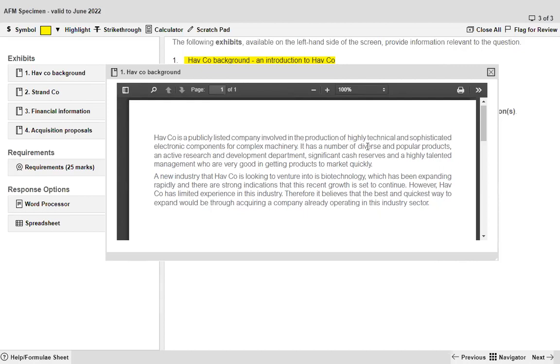It has a number of diverse and popular products and an active research and development department. Significant cash reserves and a highly talented management who are very good in getting products to market quickly.